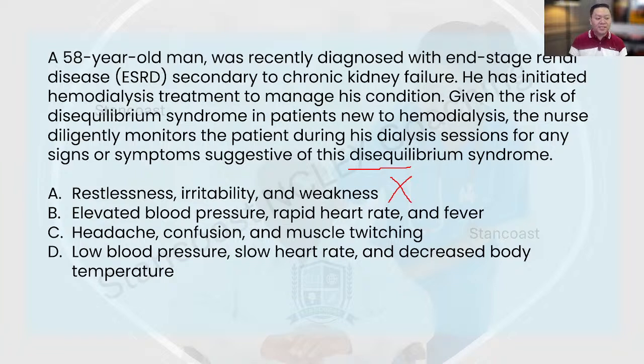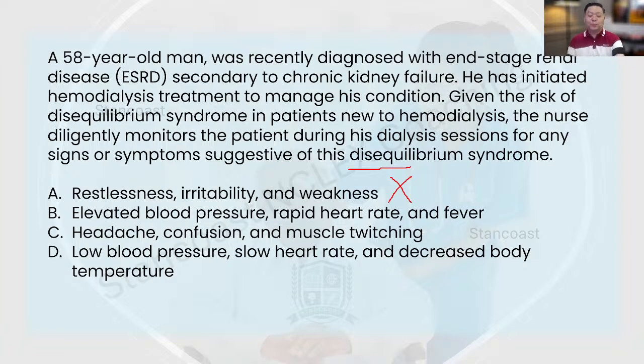Now, B, what is this? Elevated blood pressure, rapid heart rate, and fever. What do you think about that? Again, these manifestations can also happen in a patient with a disequilibrium syndrome, but again, they are not specific to the disequilibrium syndrome.